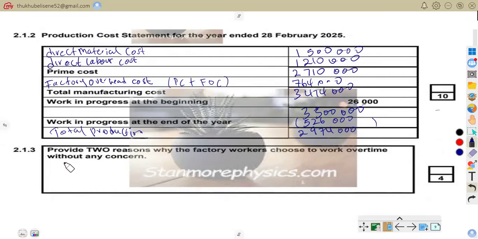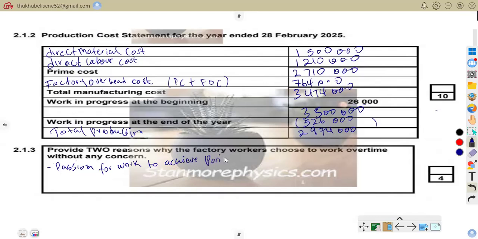So our answer: the reason can be passion for work to achieve positive results. It can be a passion for work to achieve positive results.